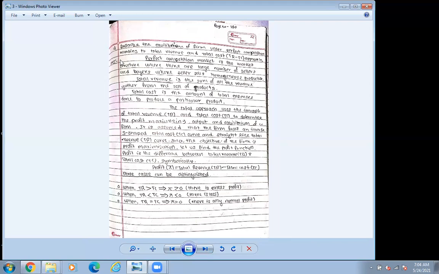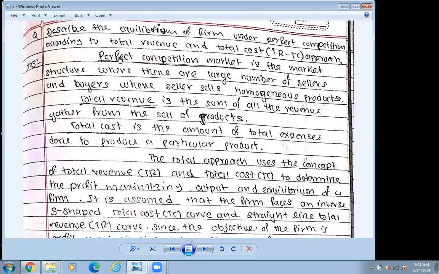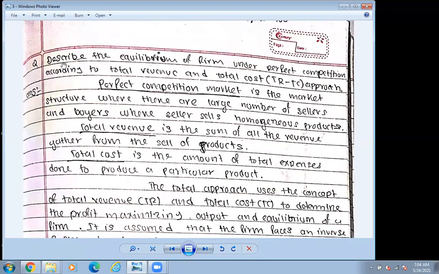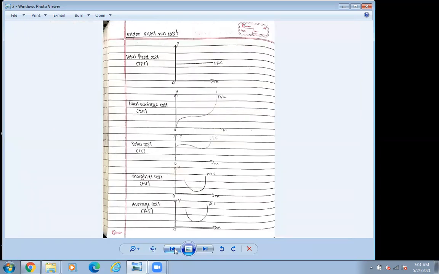The first topic that we are going to learn today is: describe the equilibrium of firm on the perfect competition market, according to total revenue and total cost. So according to the total revenue and total cost approach, we need to determine the equilibrium point under perfect competition market. Let us see what TR and TC look like.